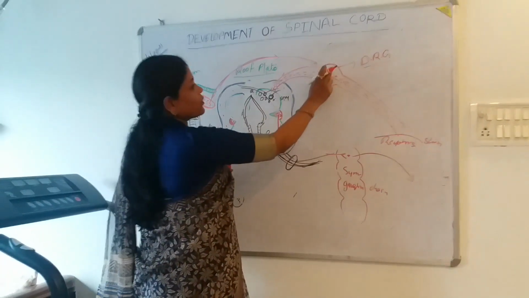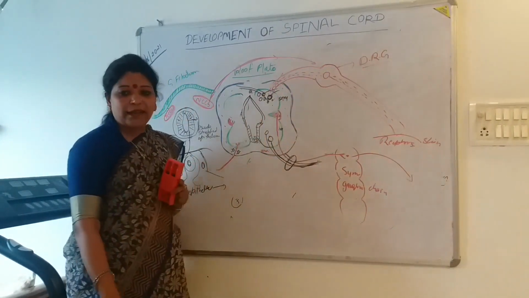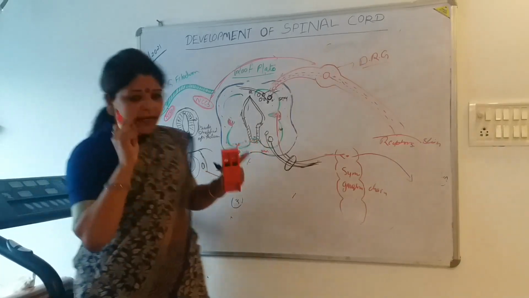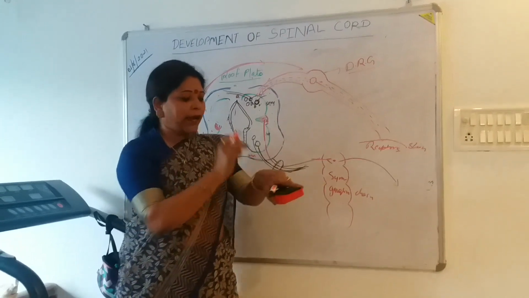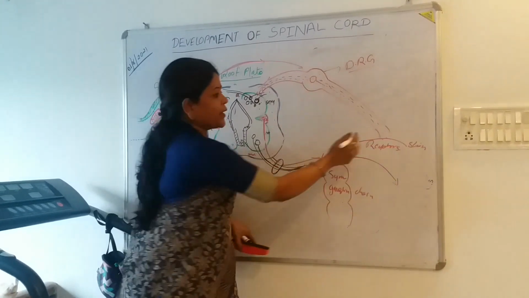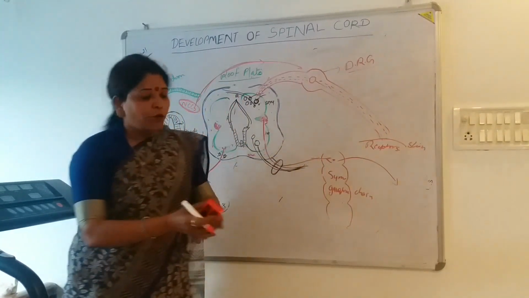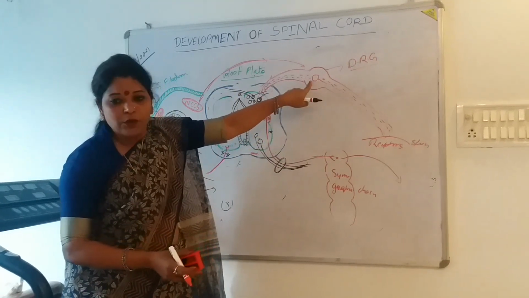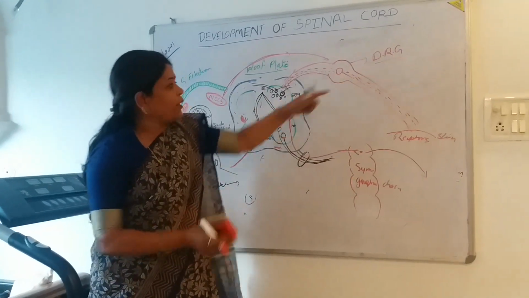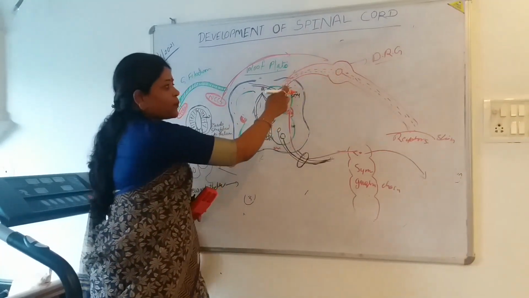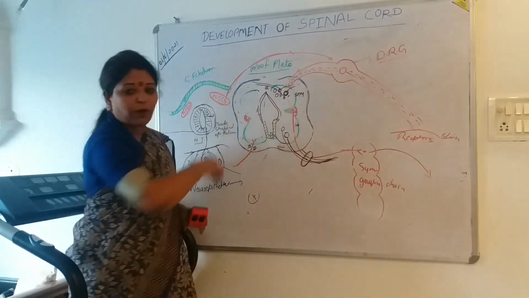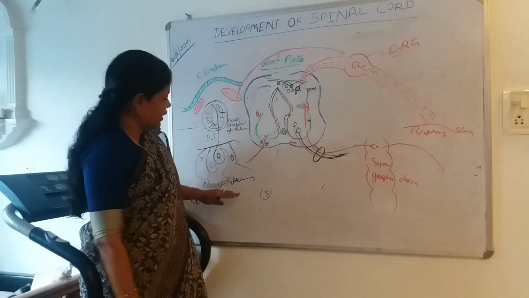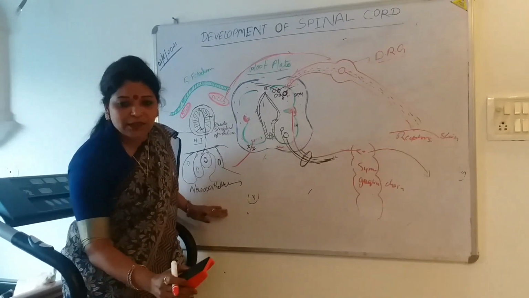So, each neuron in the dorsal root ganglia, that means any impulse which is initiated, suppose there is a cut here, and this sensation is carried via the peripheral process of these pseudo-unipolar neurons, and via the central process, this information is given to the sensory neuron which is a derivative of the neuroepithelial cells.